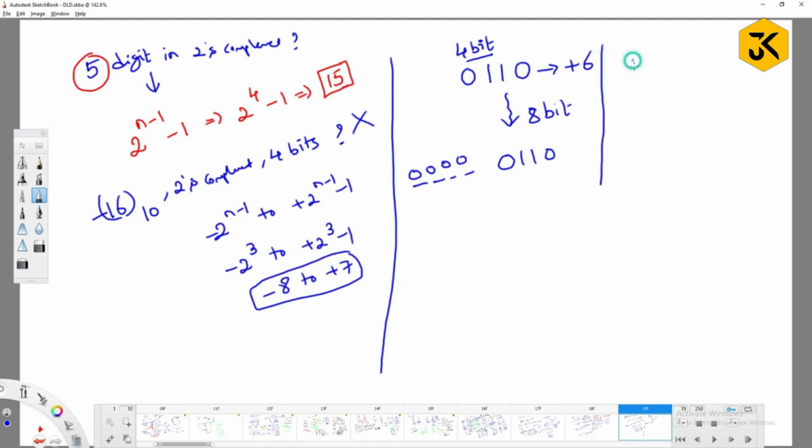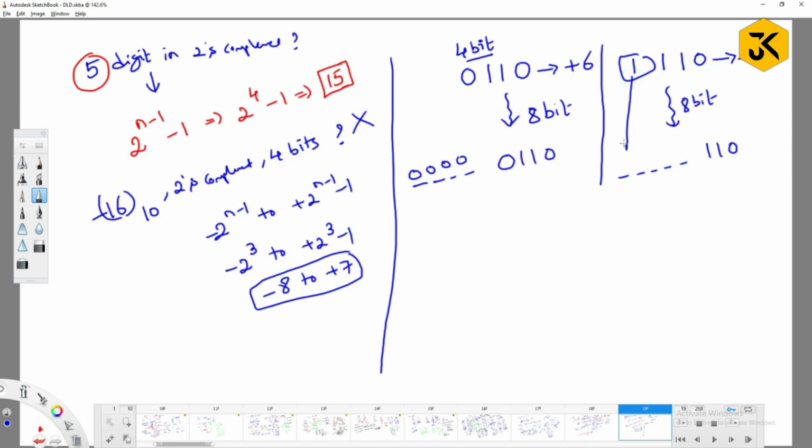1 1 1 0. So it is minus 6, right? What about in an 8-bit system? What can we do? The sign bit should be separated from the remaining data 1 1 0, and you have to fill up the 5 places.